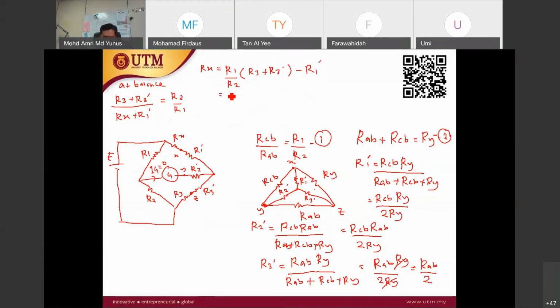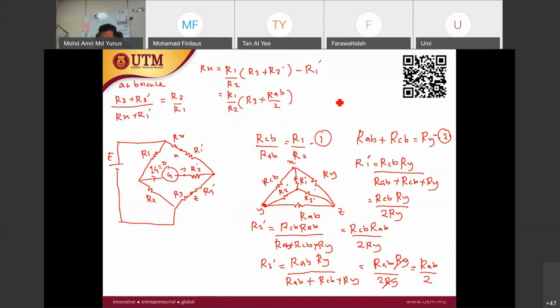Okay, next we know that R1 plus R2 multiply with R3 prime. So R3 prime here is RAB over R2.